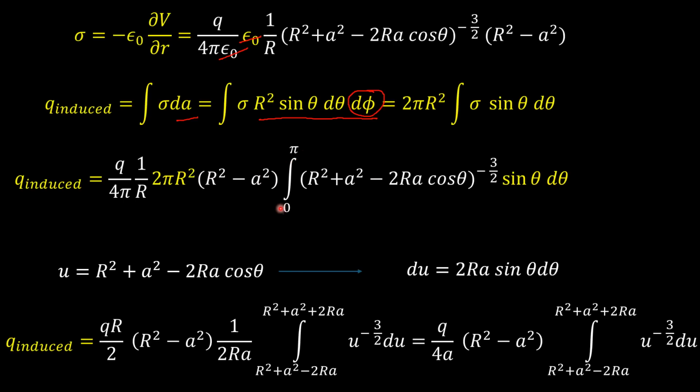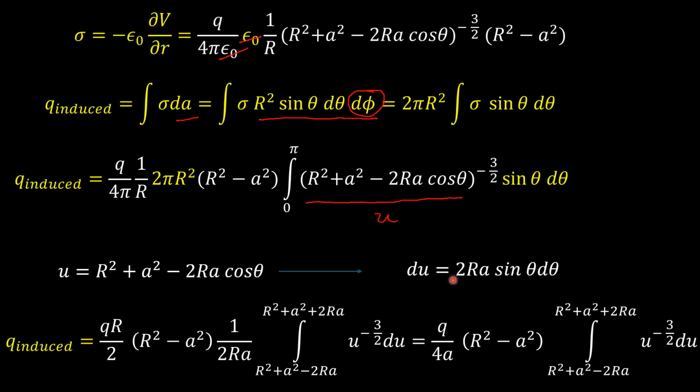Now let us take the terms inside the bracket as u. That is, u is equal to capital R squared plus a squared minus 2 R a cos theta. If you differentiate this with respect to theta, then this du will become: the first two terms are independent of theta, so they become 0. If you differentiate cos theta, it will become minus sin theta.